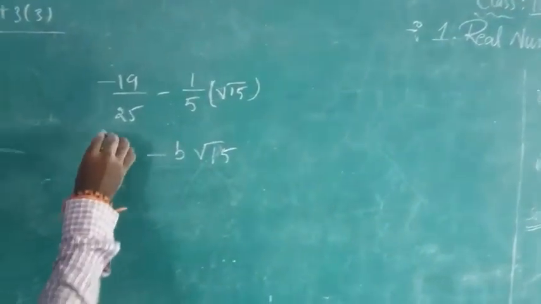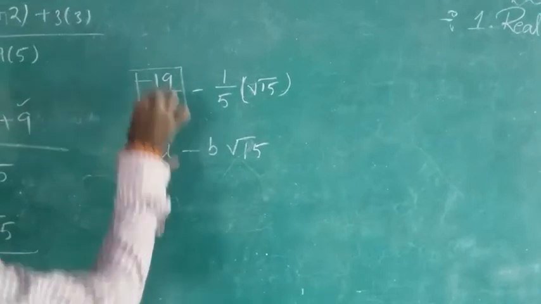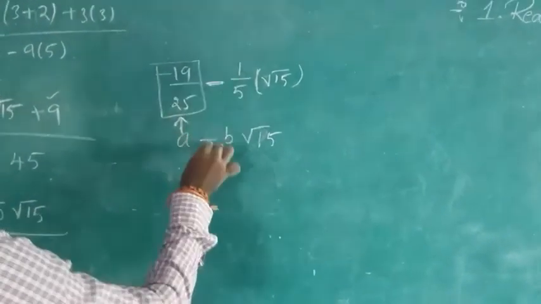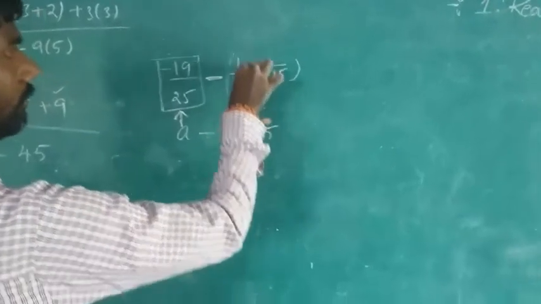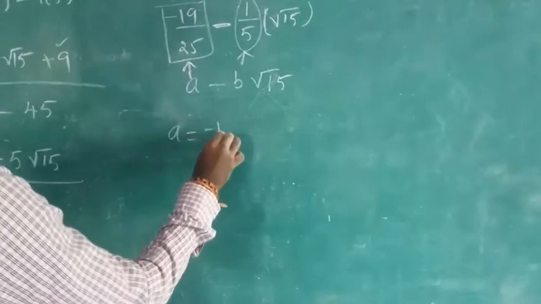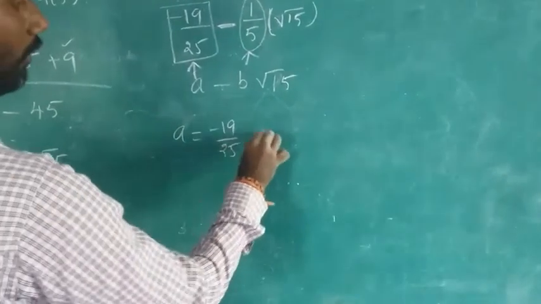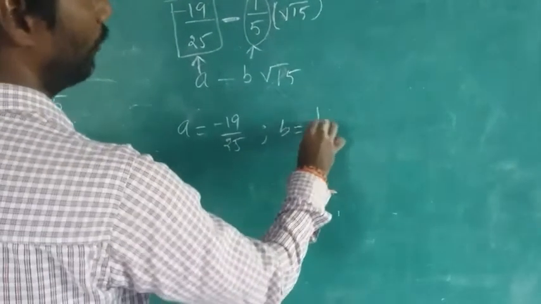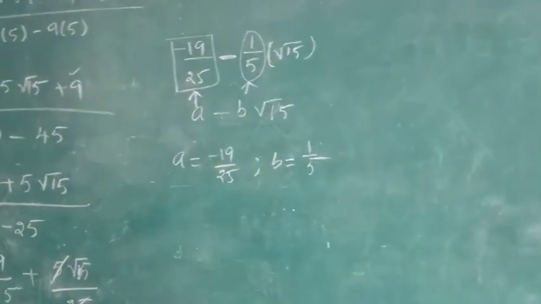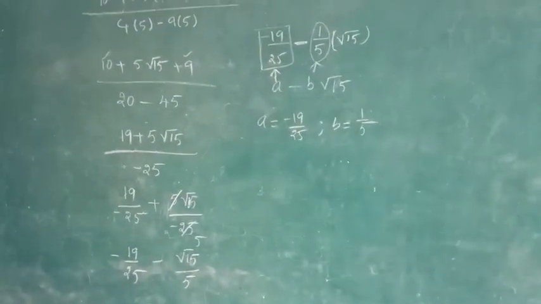See that I am comparing, this is the A value. This is the minus, this is the b value. From this you can write a is equal to minus 19 by 25 and b is equal to 1 by 5, not minus 1 by 5. So this is the answer. So try to concentrate on it.